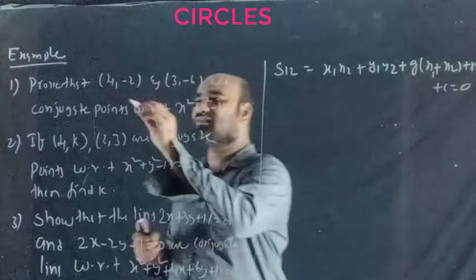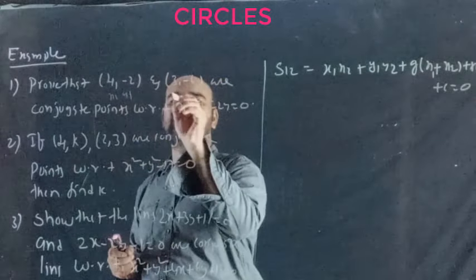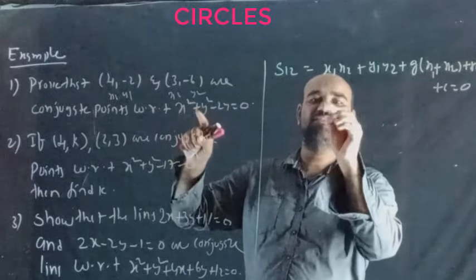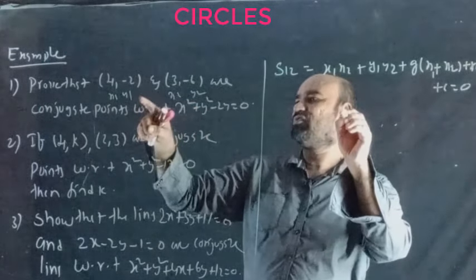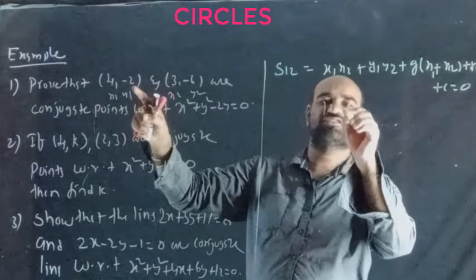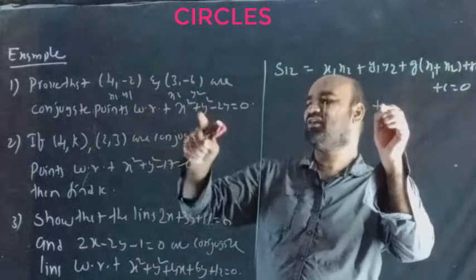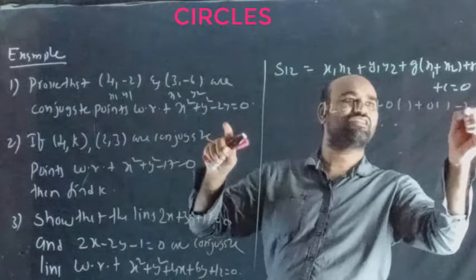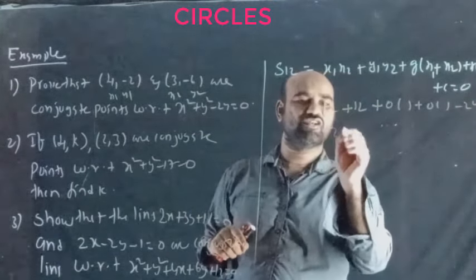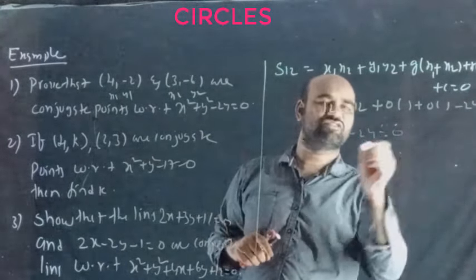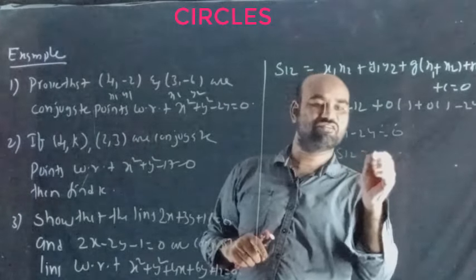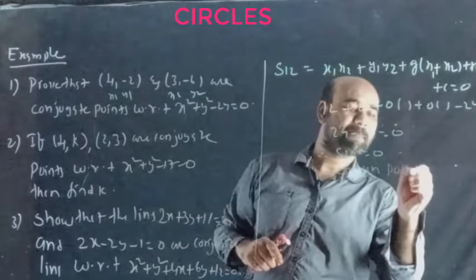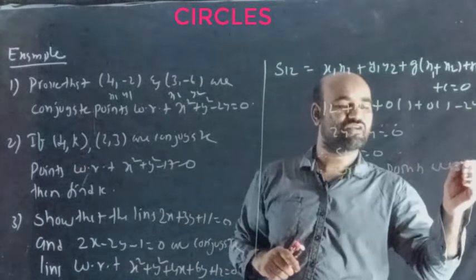Now this is taken as (x1, y1), this is taken as (x2, y2). x1 into x2 is 4 into 3, that is 12. y1 into y2 is minus 2 into minus 6, that is 12, minus of x plus 12. g is not there here, so 0 into something plus 0 into something, and c means minus 24. So 24 minus 24 equal to 0. Means S12 equal to 0. Therefore, the given points are conjugate points.